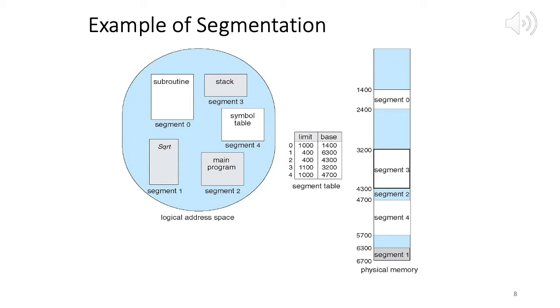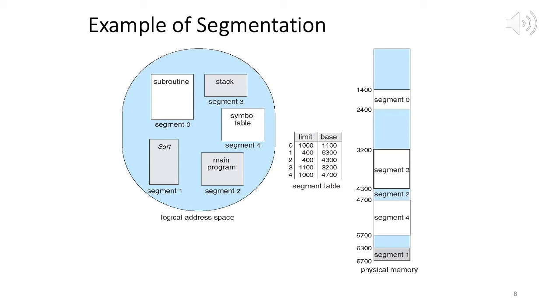We use the segment number as an index into the segment table, right? And from there we get the base physical address where that segment is stored. And then we add the offset to get the desired byte that we need in physical memory.